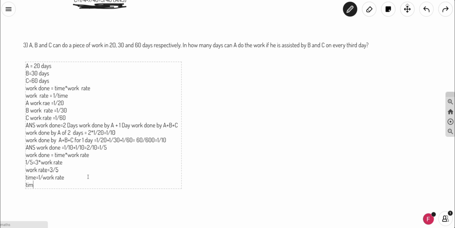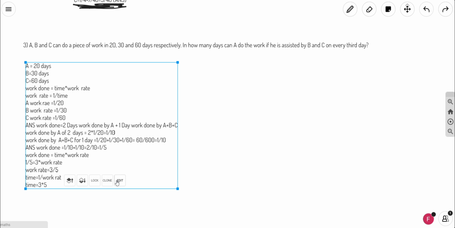So 1 upon work rate is equal to 5 into 3, and 1 upon work rate is equal to time. So time is equal to 3 into 5, which is 15 days. The answer is 15 days.